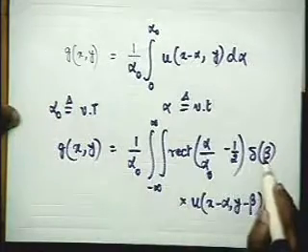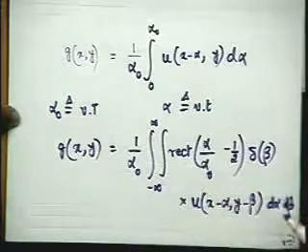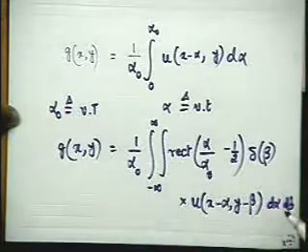Then if the limits of integration with respect to beta are from minus infinity to plus infinity, only where beta equals 0 do we get a value equal to unity, and at all other places this is equal to 0, so the function can be written like this.